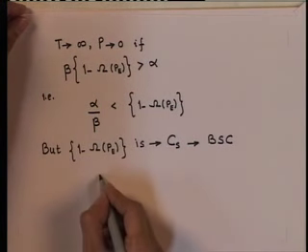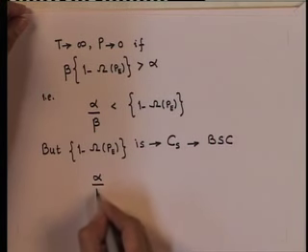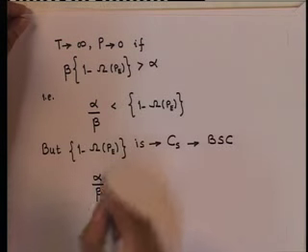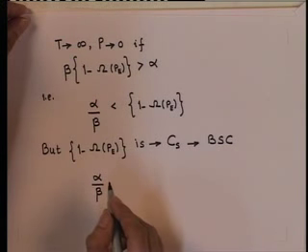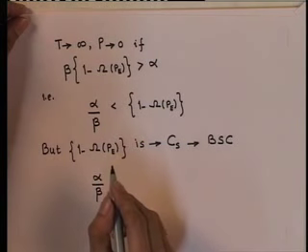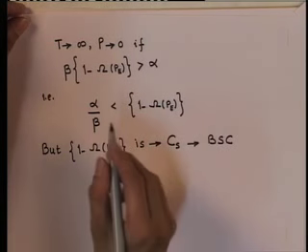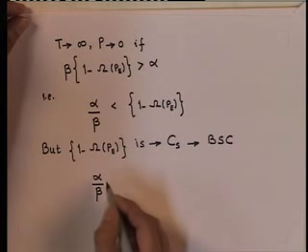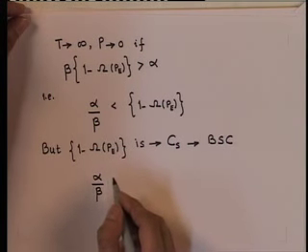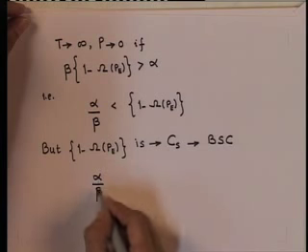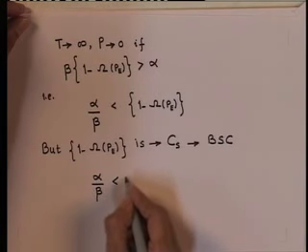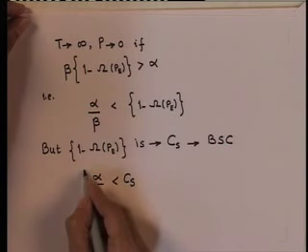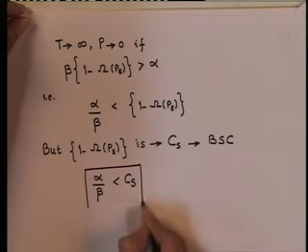Therefore, we conclude that this probability of choosing another vertex S2, that is within the distance of beta t p e from S1, will tend to 0 if alpha by beta is less than channel capacity C s.